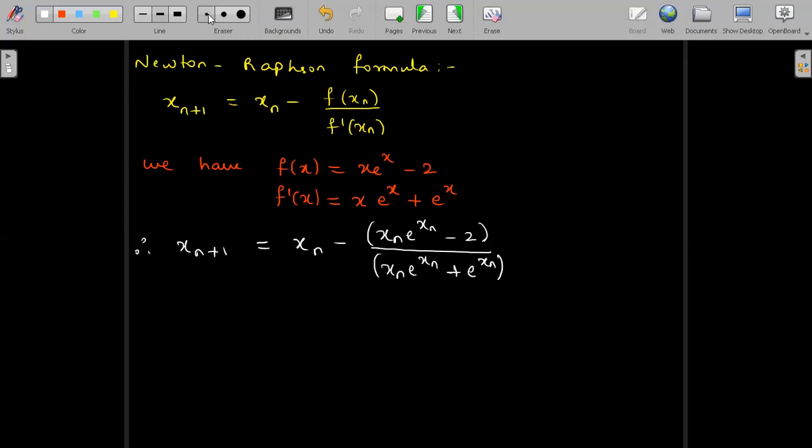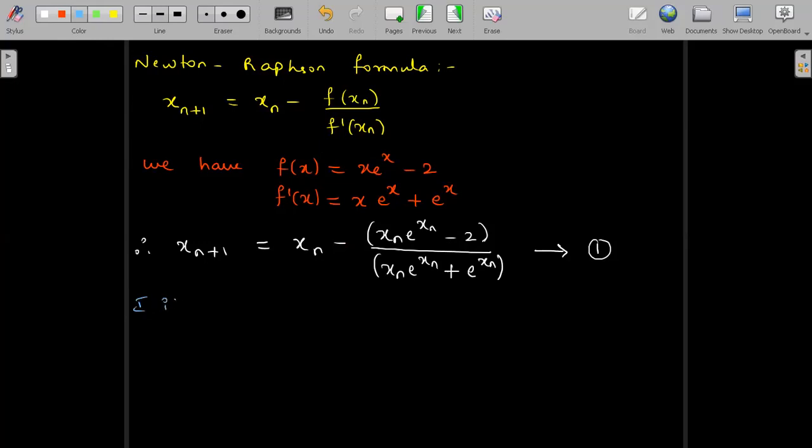So we have the Newton-Raphson iterative formula written, and after writing it down, we have substituted both the f function and the f dash function. Just replace x by xn everywhere. It is not necessarily required to simplify. I will call this equation 1 so that we can start doing the iterations.